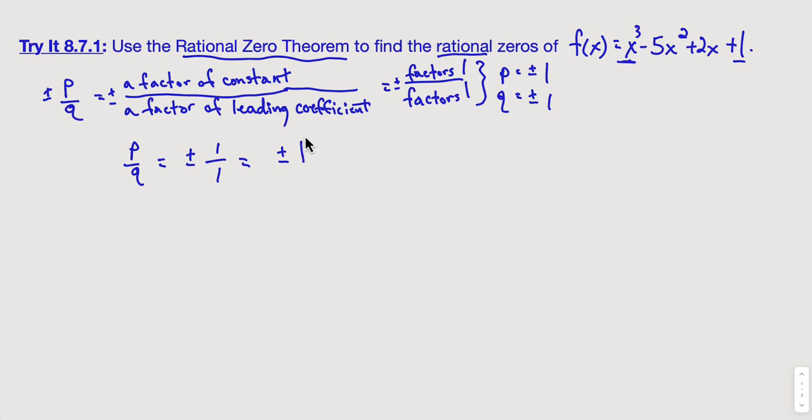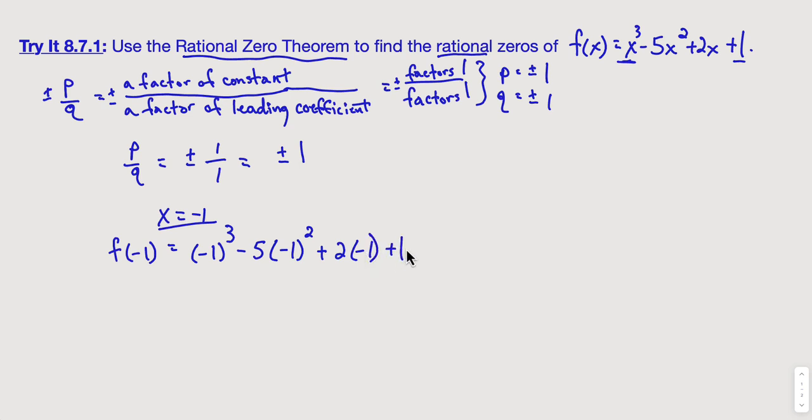So now we need to check: are x equals -1 or x equals 1 zeros? So let's look at x equals -1 first. When x equals -1, we have f of -1 equals -1 cubed minus 5 times -1 squared plus 2 times -1 plus 1. We're just plugging in -1 for x into our function.